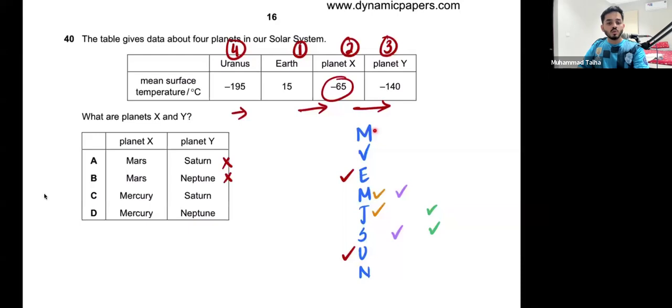Mercury is the one which is closest, right? So it's definitely not Mercury. That's what I meant to say. It's either of these. So Mars, Saturn, or Mars, Neptune. So it's definitely Mars, Saturn, right? Mars, Saturn. So do make sure that you remember that the one closest is Mercury, because you have two MCQs.